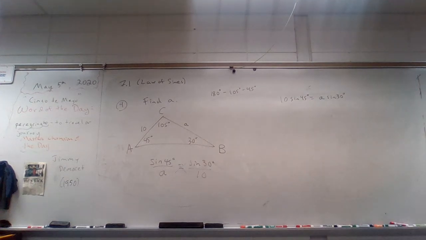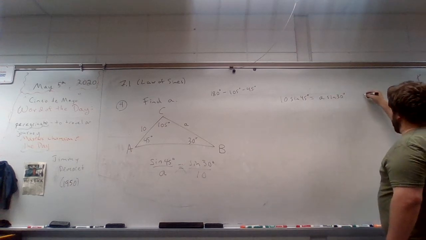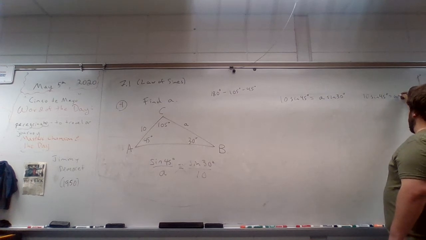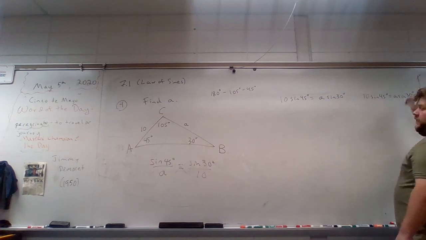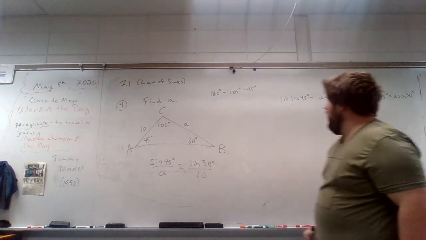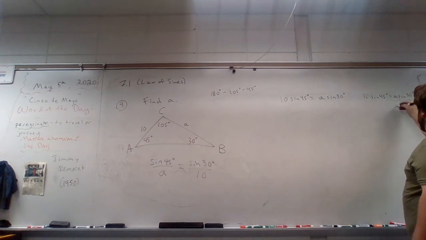Now, either you can do this by plugging in the values because you actually know what these are, or I can plug them in a calculator. Let me write this out in two different ways. The way you're maybe more comfortable with, I would just find a by dividing by the sine of 30 degrees.